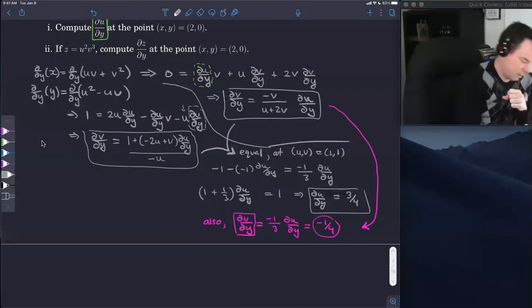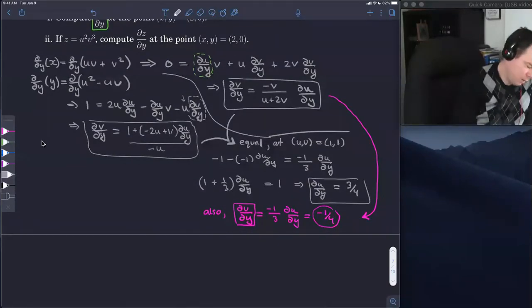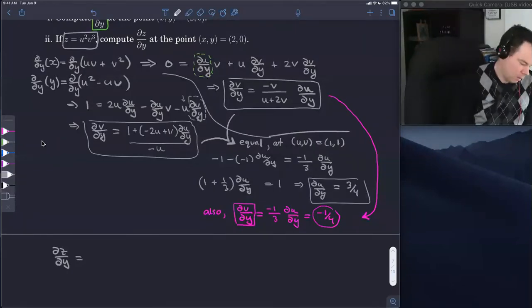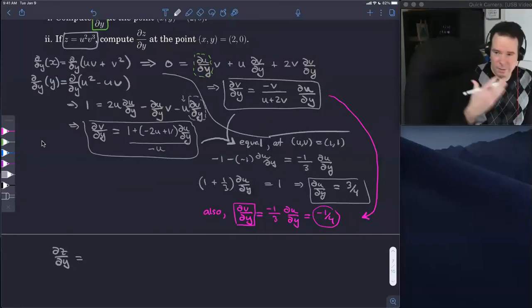Because the next question is asking us, what is the derivative of z with respect to y? So the derivative of z with respect to y, where z is u squared plus v cubed. So this is saying z is a function of the variables u and v, so in that coordinate system.